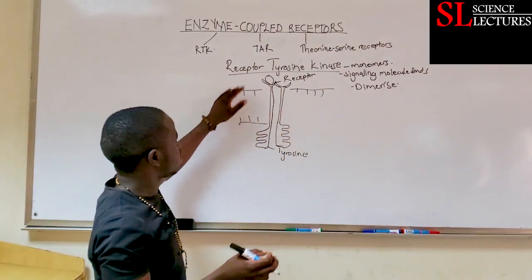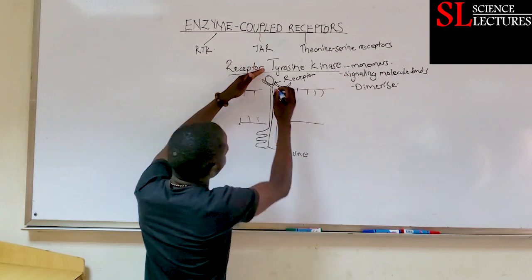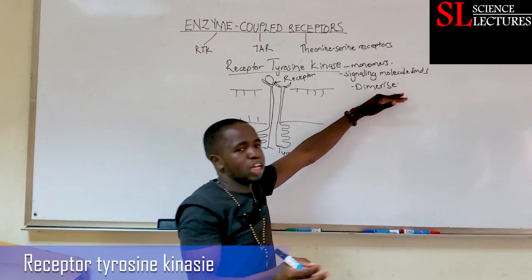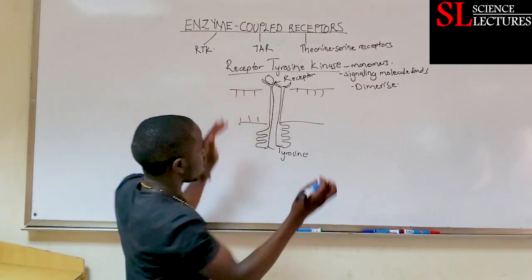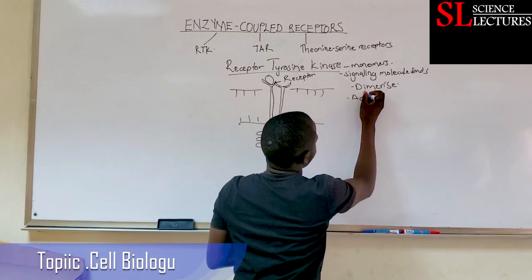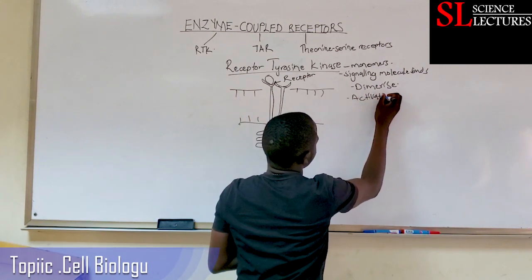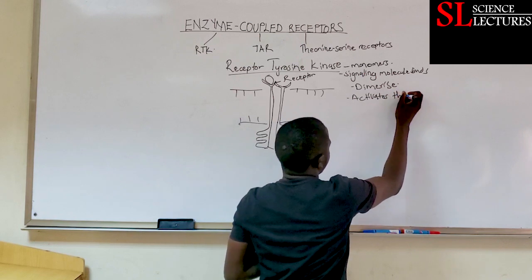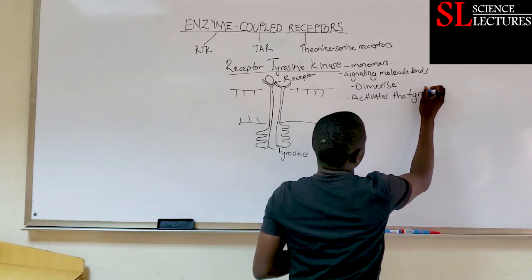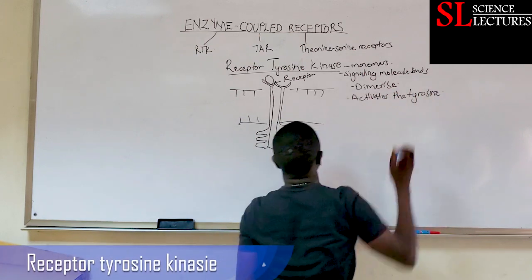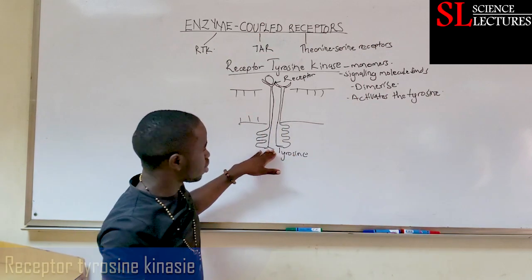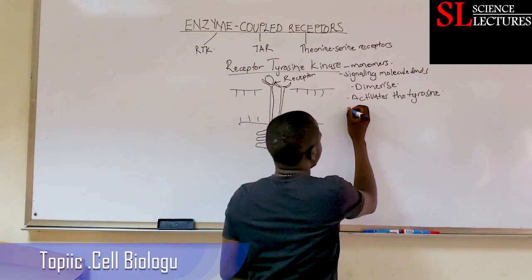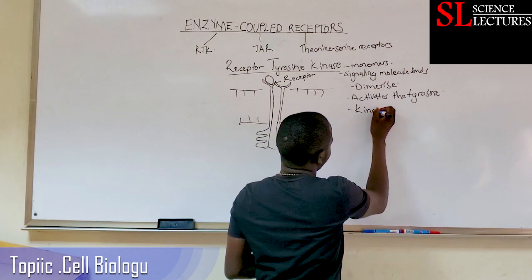So what happens is this. When my signaling molecule binds here, the receptors dimerize. This dimerization activates the tyrosine. But this tyrosine is very special, in that it is associated with enzymes called kinases.